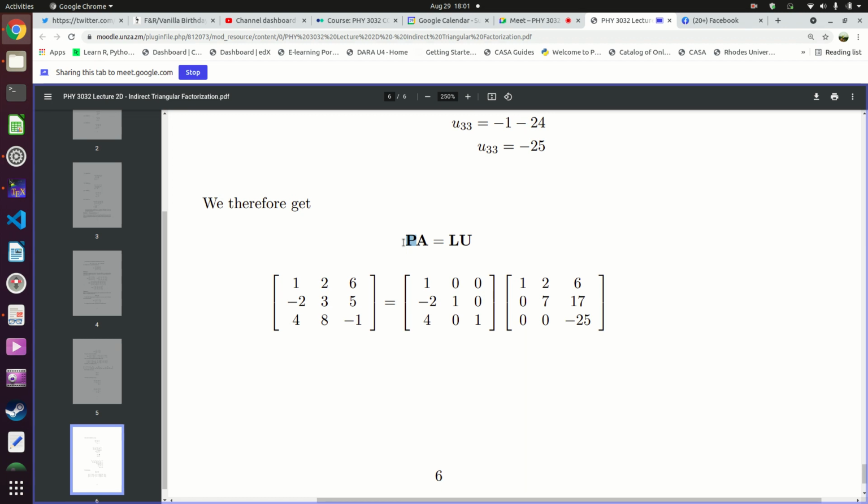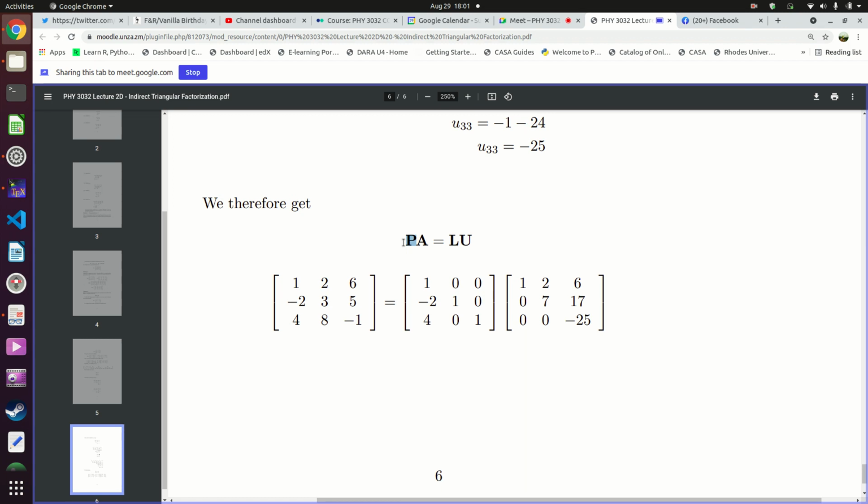But what it shows is that if you get your identity matrix, then you rearrange it, then you play around with it, it's possible for you to come up with a matrix PA which you can properly break down into L and U. Are we clear?